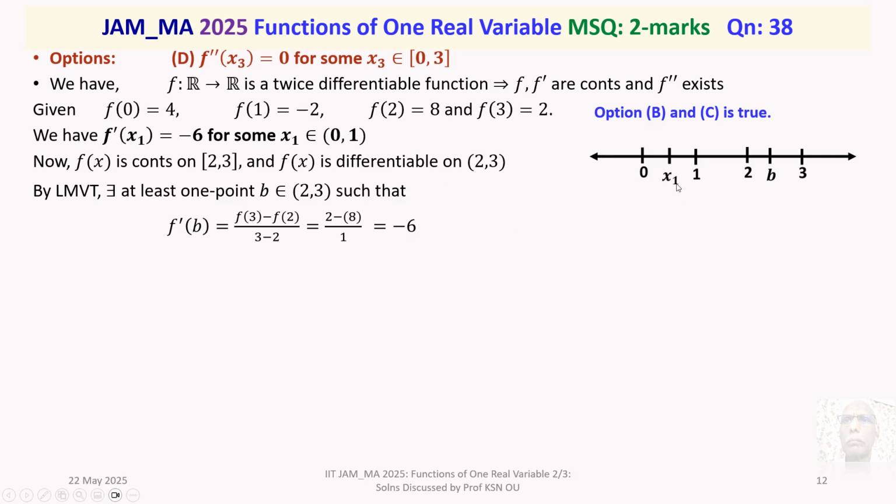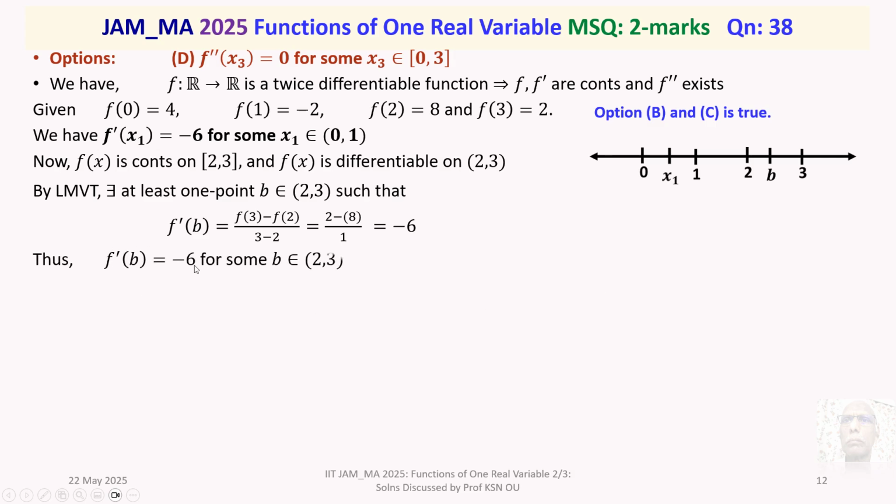So why not we consider the interval x1 to b. It is continuous in the interval x1 to b, differentiable in the open interval x1 to b, and at the end points f prime of x1 is equal to f prime of b. Use Rolle's theorem.